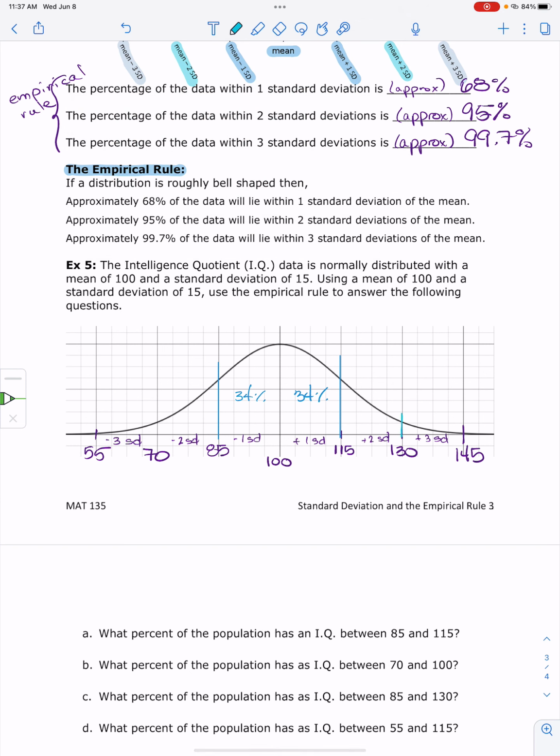Between 1 and 2, I capture another 13.5%, and it's symmetric, so it works that way on both sides. And then my very last little bit here between 2 and 3 is 2.35% of the population.